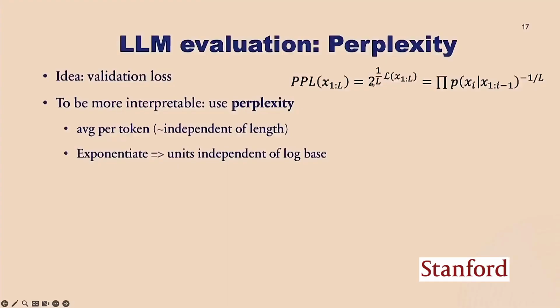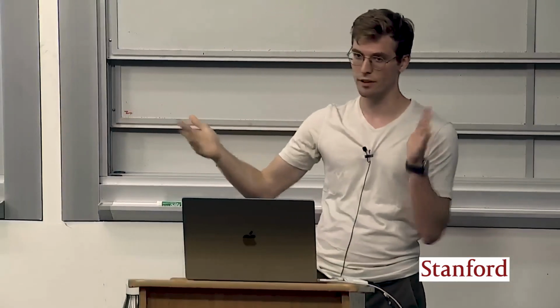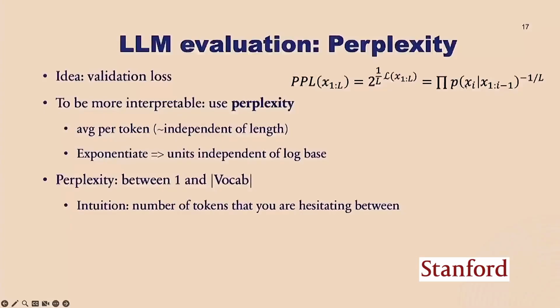While when you exponentiate, you basically have everything in units of vocabulary size. And the average per token is just so that your perplexity is independent of the length of your sequence. So perplexity is just 2 to the power of the average loss of the sequence. Perplexity is between 1 and the size of the vocabulary of your tokenizer. If you predict everything perfectly, then every word has probability one, so you get a product of ones, and the best perplexity you can have is 1.